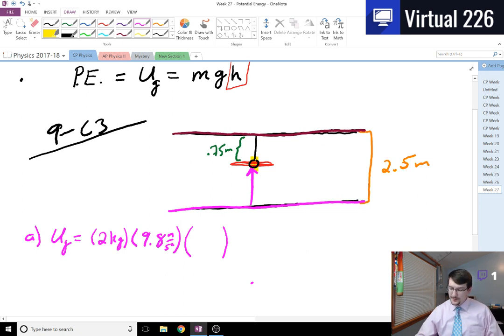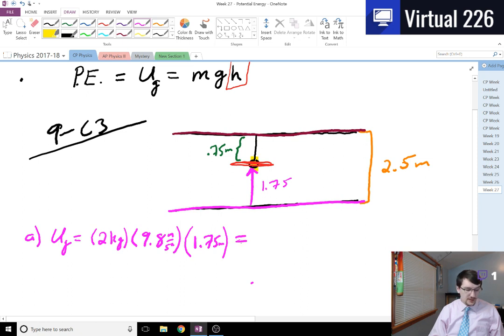So if this room has a height of 2.5 meters and this lamp is 0.75 down from the ceiling, well, 2.5 minus 0.75 gives us that distance there. And this distance is 1.75. And it's a positive 1.75 for our problem because we're above the reference level.